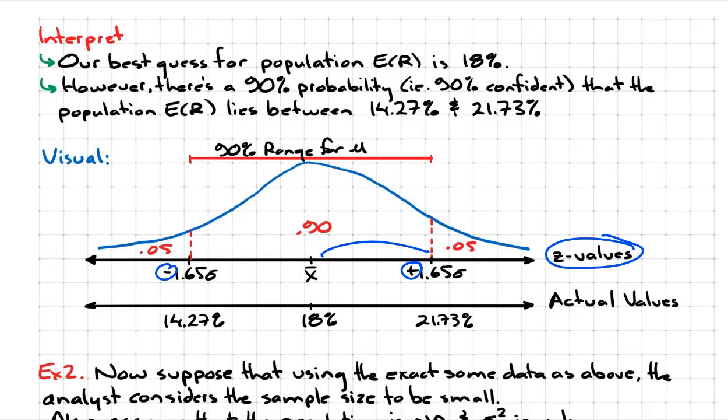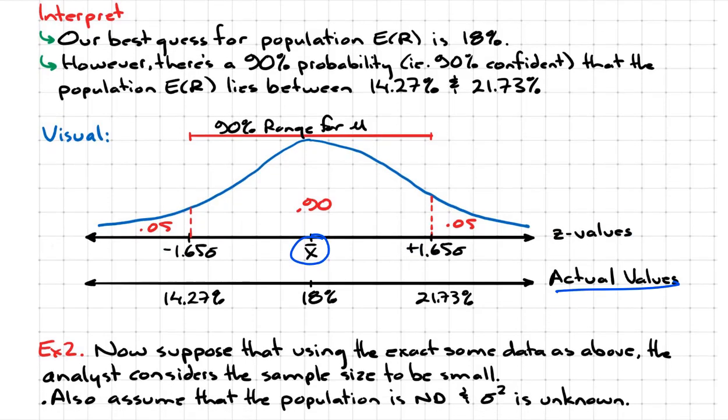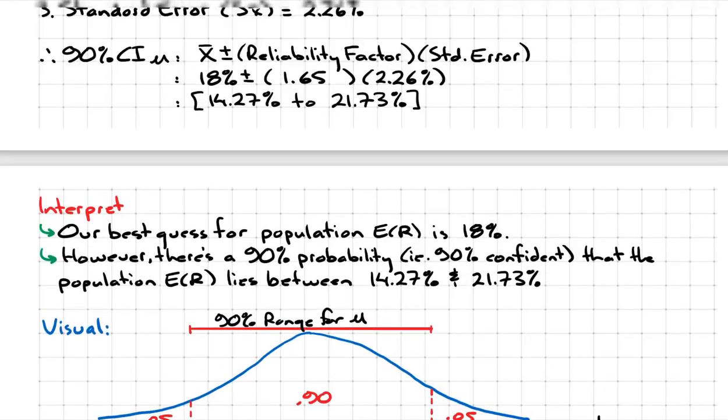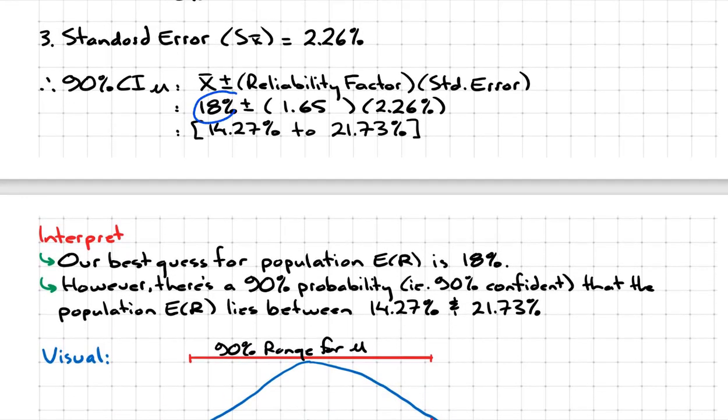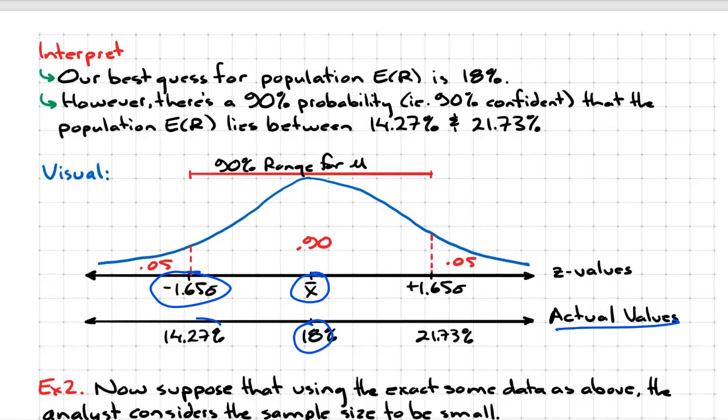And then what we do is we draw another axis or scale that represents the actual value. So what is the sample average? It's 18. Well, when you go minus 1.65 standard errors below the average, what's that? If you take 18 and go minus 1.65 standard errors, you get 14.27. So that's where we got that.